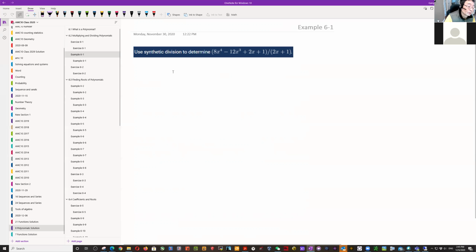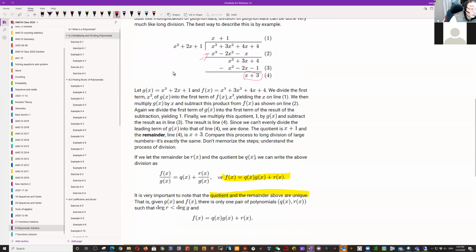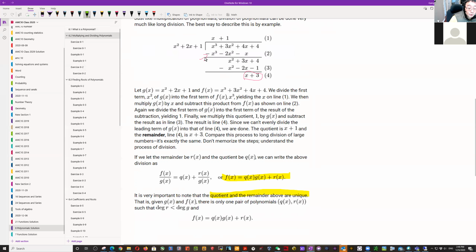One style of division is quite difficult if we divide in this way. For this first question, we have to use the normal style, because the divisor is a quadratic term.